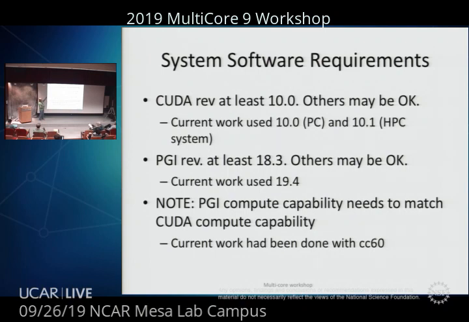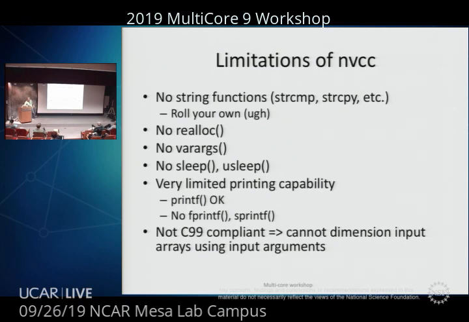There are some issues with compute capability. I'm using CC 6.0, and if you don't have the right version of CUDA and PGI, it may complain. But I've been using 19.4 and CUDA 10, and I've not run into any of those issues.